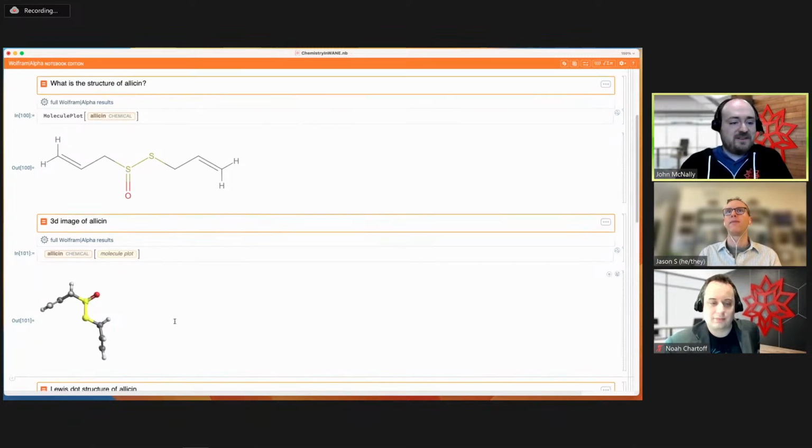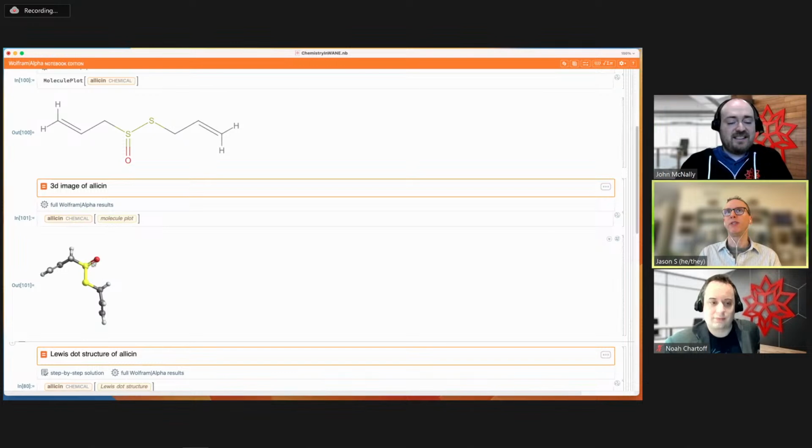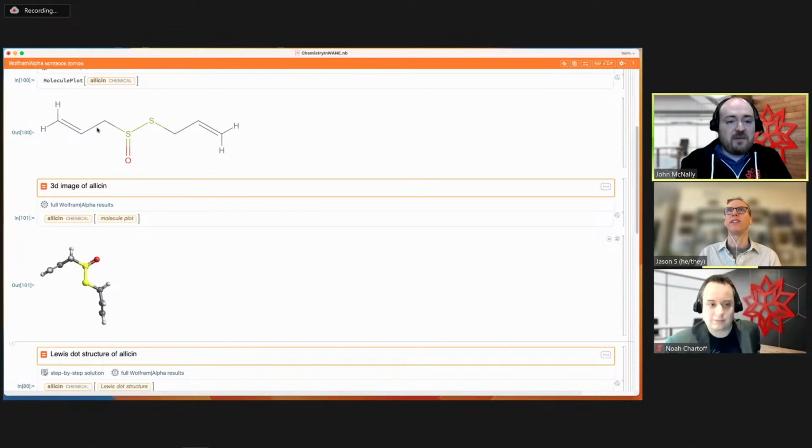Spectacular. That's really cool. So here it's pulling the 3D image from the entity system, and it's got it. And so we can set them side by side. I was just going to say we could set them side by side, and it's really rather nifty.